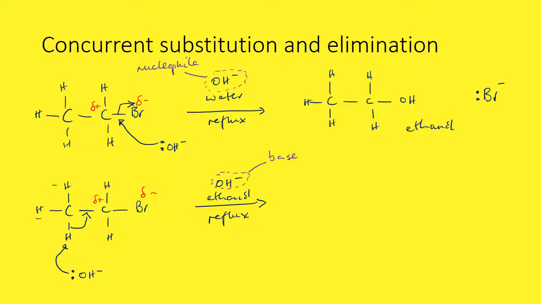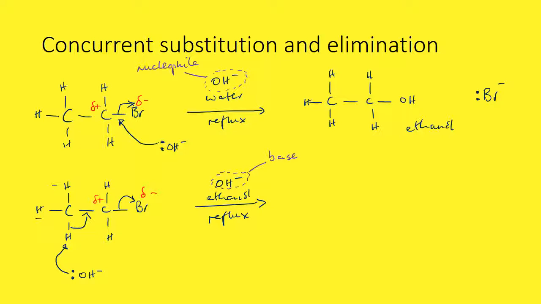Now the alpha carbon, that's the carbon attached to the bromine, is unstable because it's got 5 bonds, and so the bond between the carbon and the bromine breaks because the electrons make their way wholly onto the bromine atom, making a bromide ion.